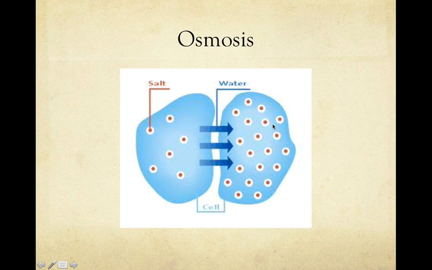So there's less concentration of water, but what is there more of here? There's more salt. Now as this water passes in, it's going to create a dilute solution, so the level of this salt is actually going to decrease.